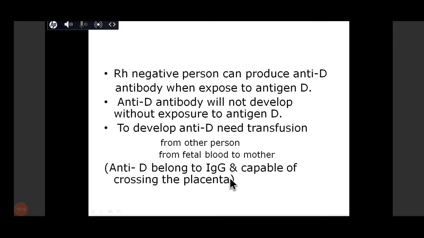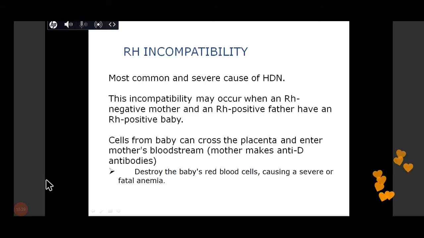And the antibody belongs to IgG. IgG is important at this level because they are smaller and they cross the placenta and give rise to the manifestation of hemolytic disease of the newborn.